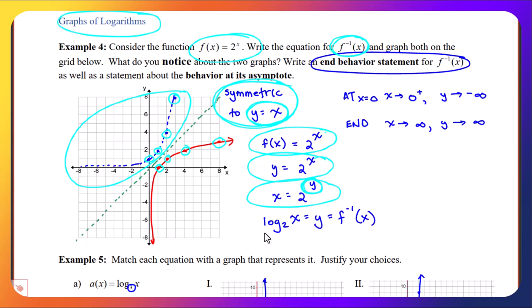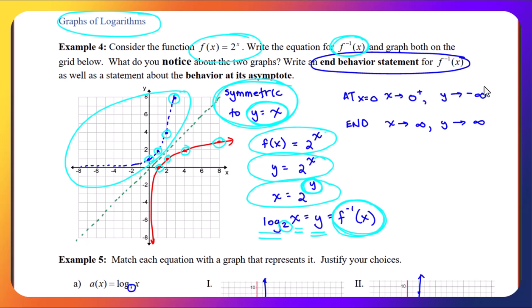Let's see if this works. The exponent of 2 that gives you x is y. And sure enough, if I just read it correctly and fill in what everything means, I get the y by itself. And the y in this new function is the inverse function of x.